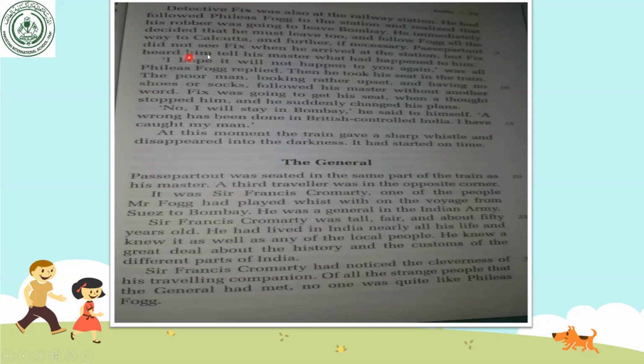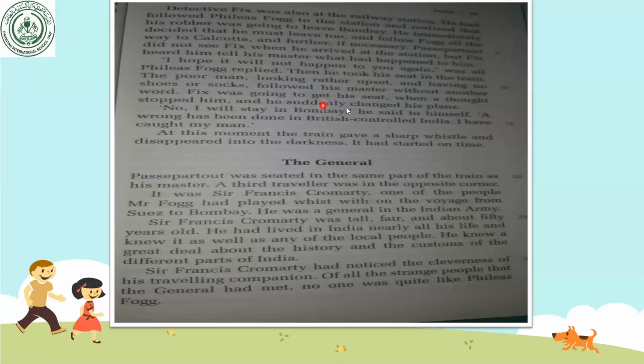Passepartout did not see Fix when he arrived at the station. But Fix heard him tell his master what had happened to him. "I hope it will not happen to you again," was all Phileas Fogg replied. Then he took his seat in the train. The poor man, looking rather upset and having no shoes or socks, followed his master without another word.